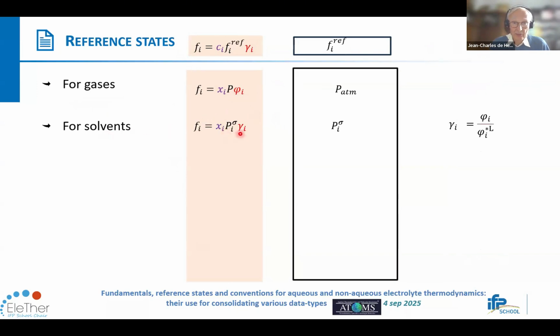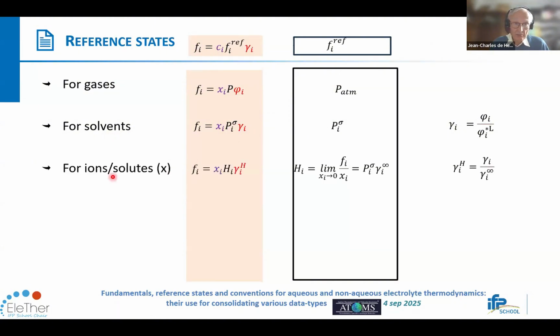Solvents are generally described with activity coefficients, mole fraction-based activity coefficients. Solutes may be described with mole fraction-based asymmetric activity coefficients, so gamma_i^H, which is related to gamma_i in this way, gamma_i infinity being the infinite dilution activity coefficient.